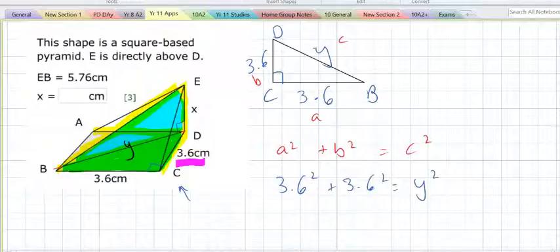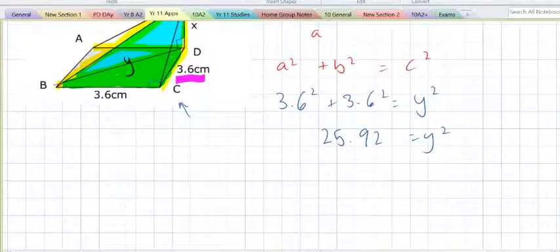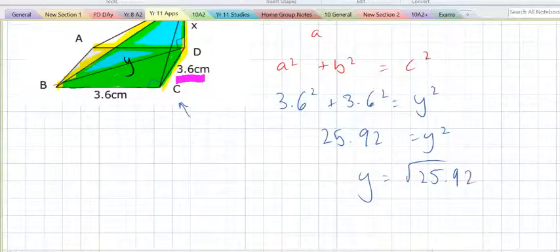And then you work that out in your calculator. That finds us our y.